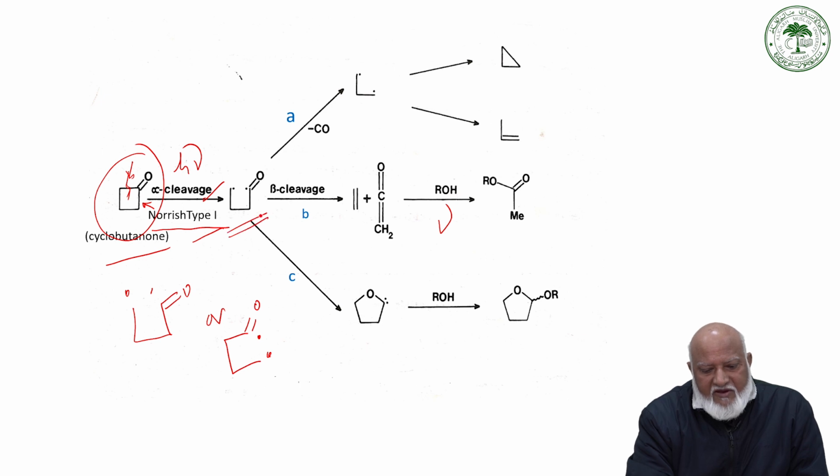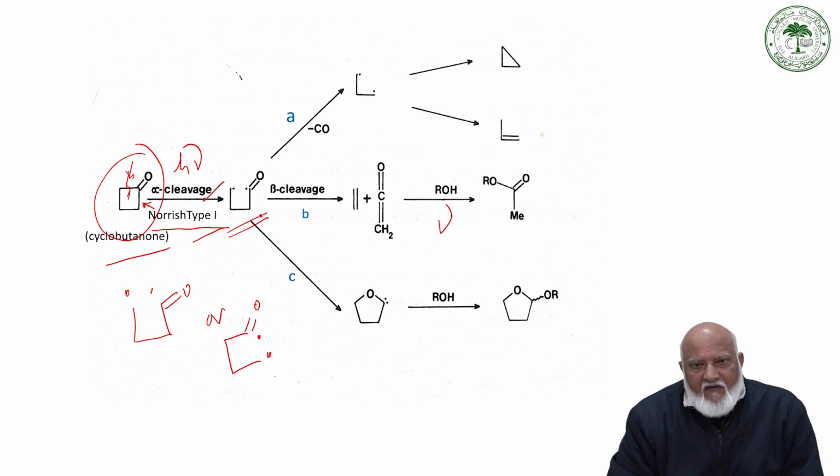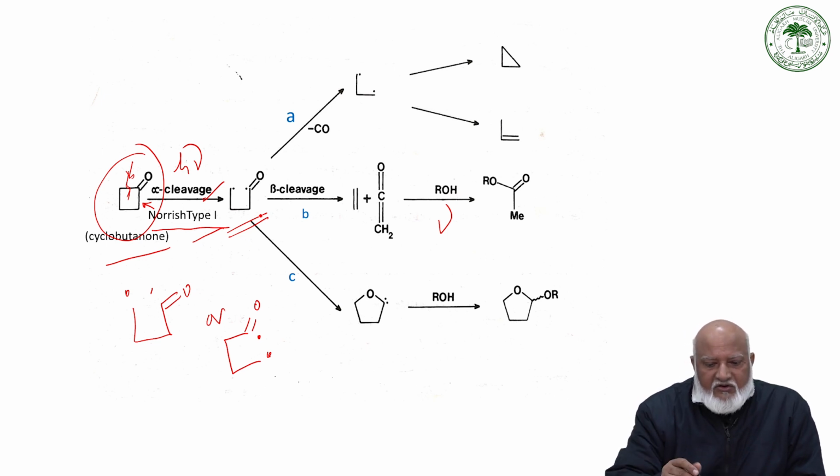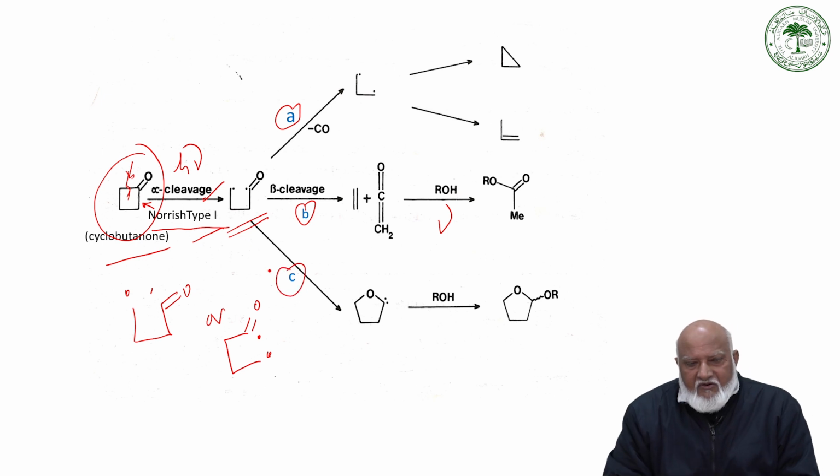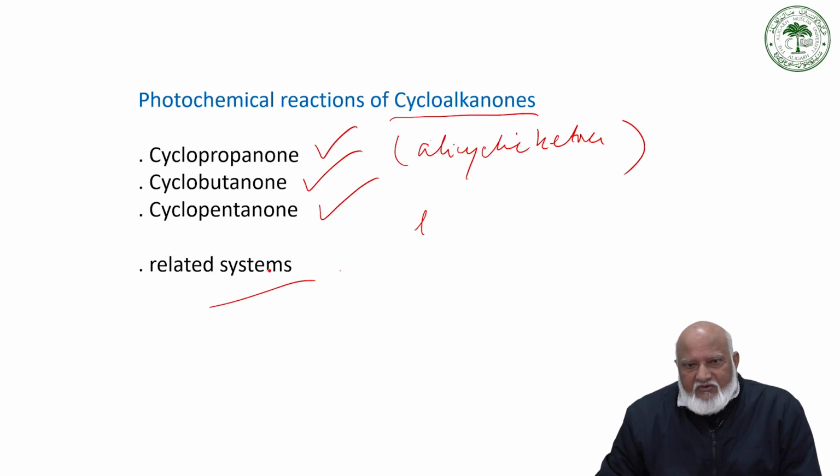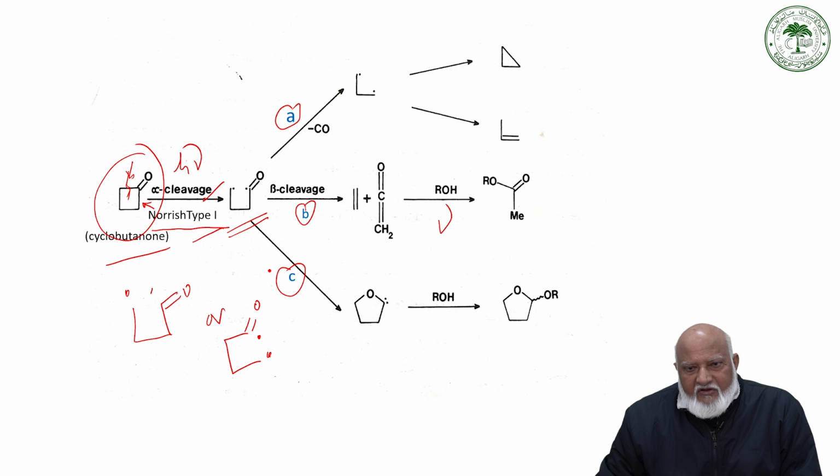Now this is the main intermediate after the attack of the photon, giving rise to an acyl radical. This undergoes three different types of reactions. Compared to aliphatic ketones, the photochemistry of alicyclic ketones is slightly more important, because there are different pathways open.